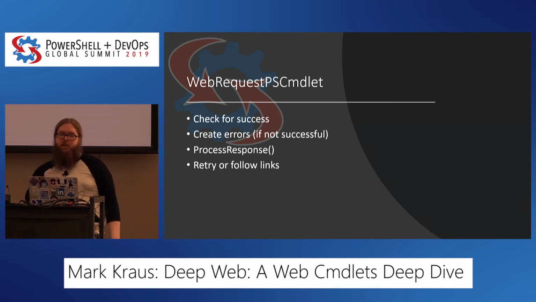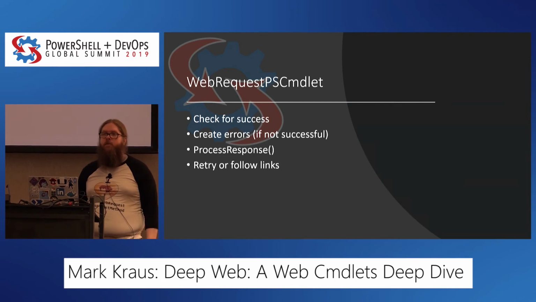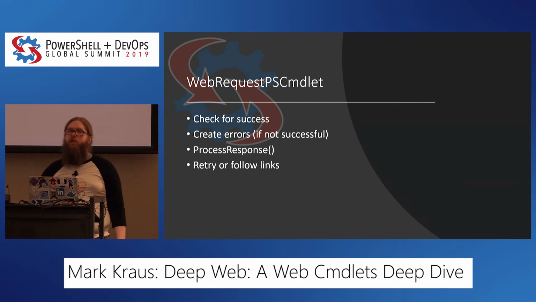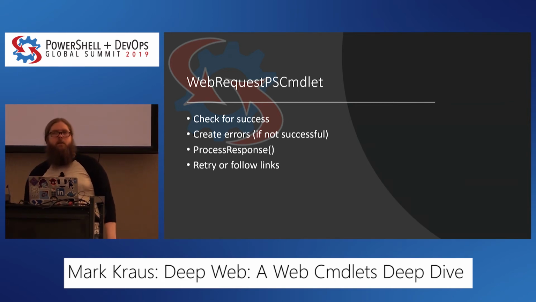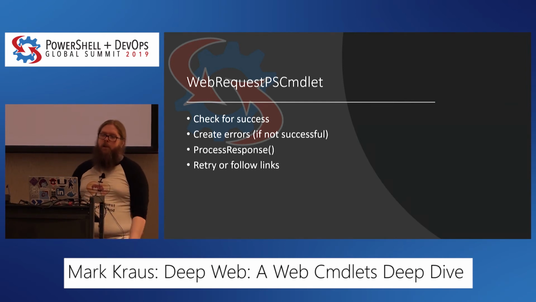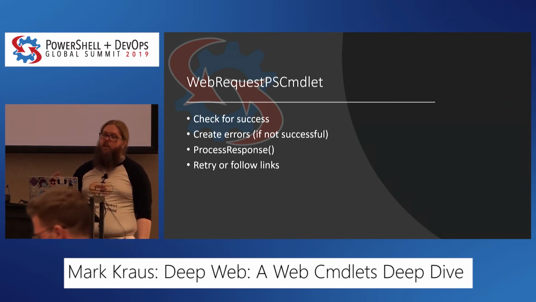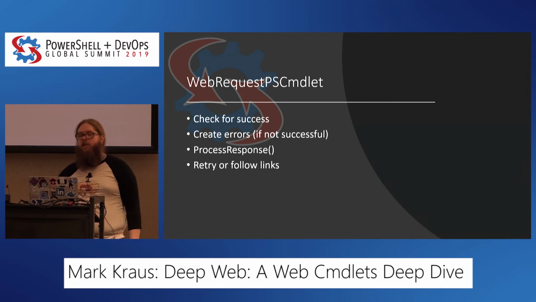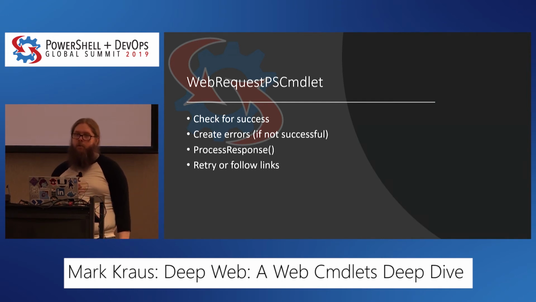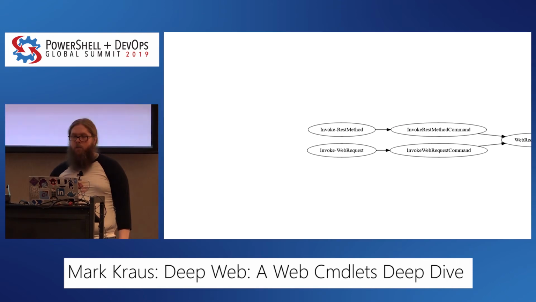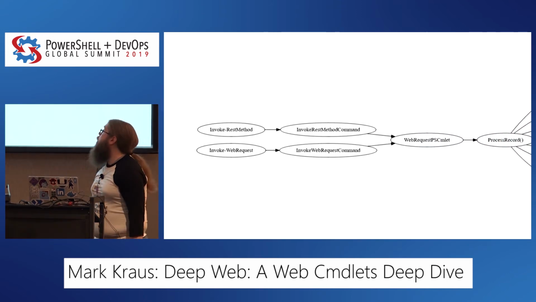And then the other thing that it does is the retry and follow. Another feature that was added was the ability to retry on endpoints. That is actually handled in the base class and not in the actual Invoke-RestMethod command or Invoke-WebRequest. So this is what it looks like as a code graph.